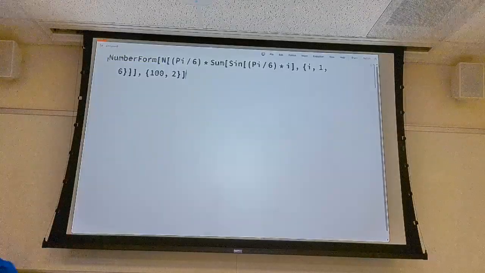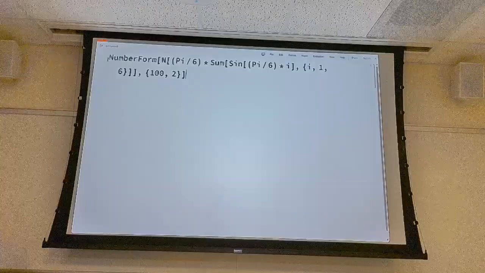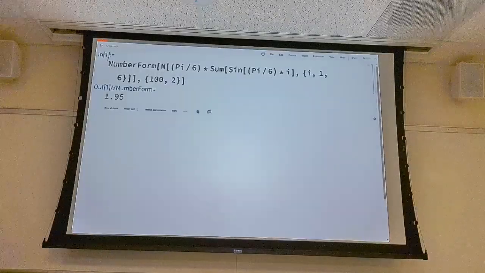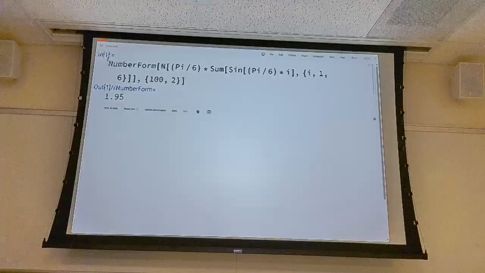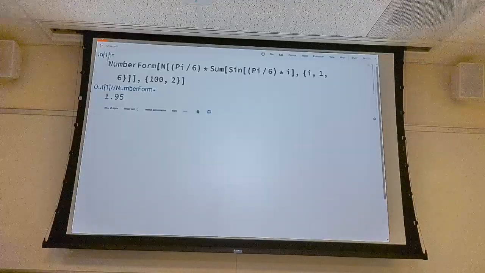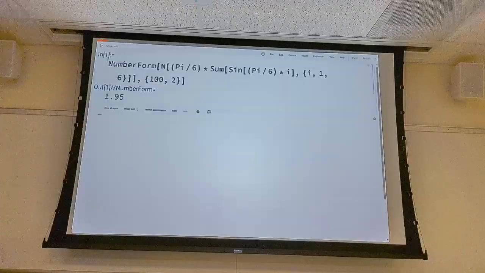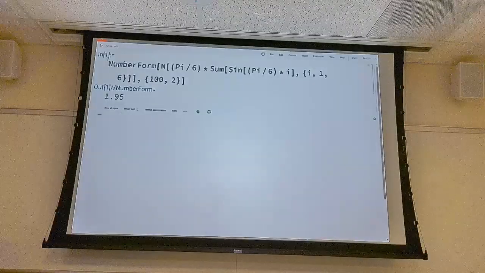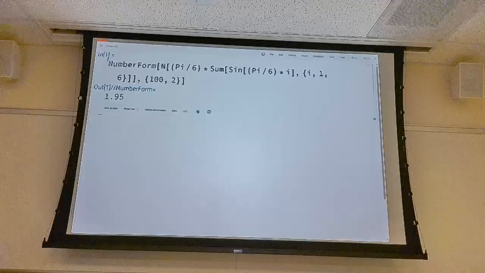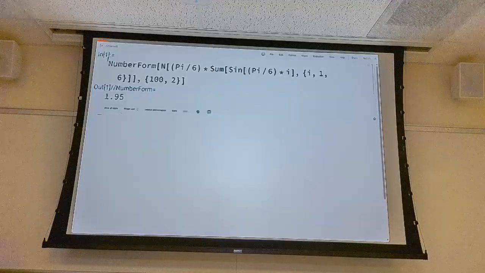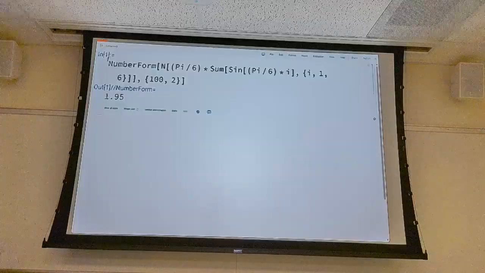Okay, so you should remember the number 4 from when we did this method. Oh, wow. I wasn't expecting that. 1.95. I actually was not expecting that. That's actually really cool. I got the same thing.